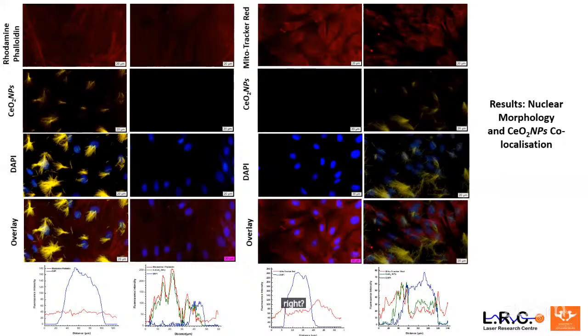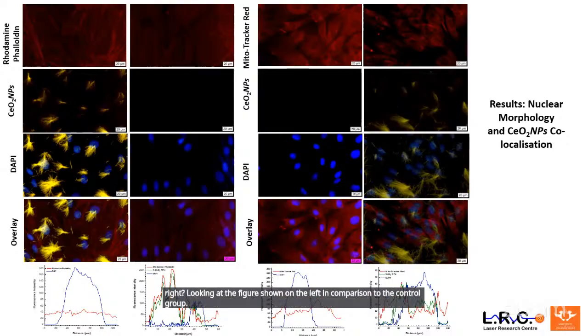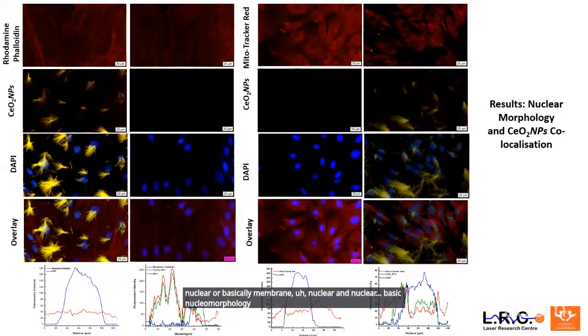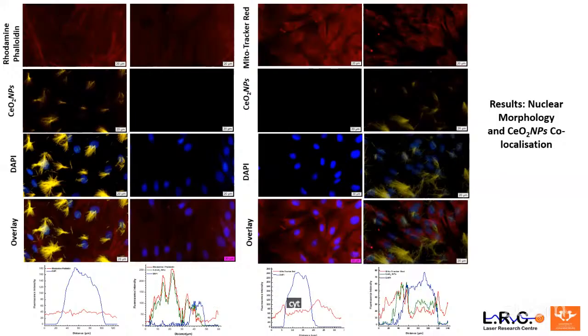Looking at the figures shown on the left, in comparison to the control group, we saw that there were no membrane or nuclear morphological changes due to the cerium oxide nanoparticles. Another thing is that the nanoparticles highly interacted with the nucleus without forming any cytotoxic effects on the normal cells that we used.